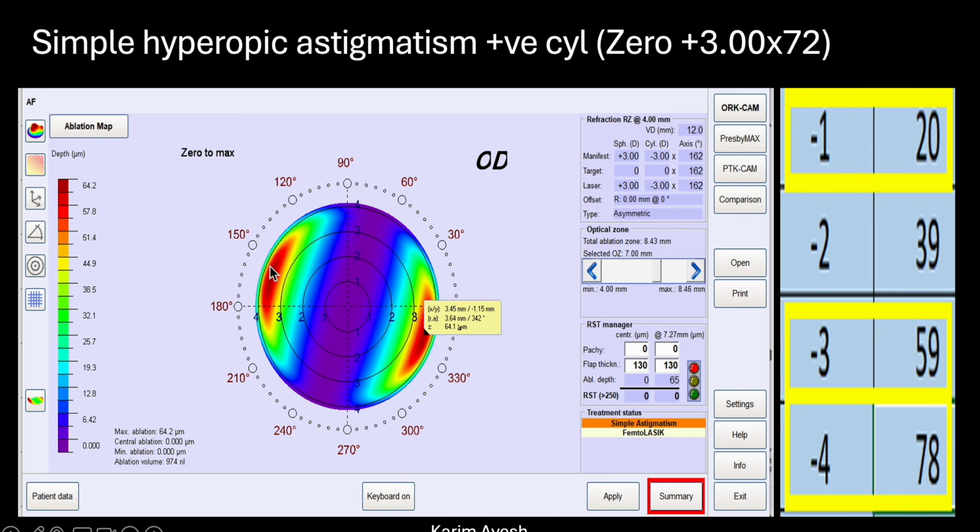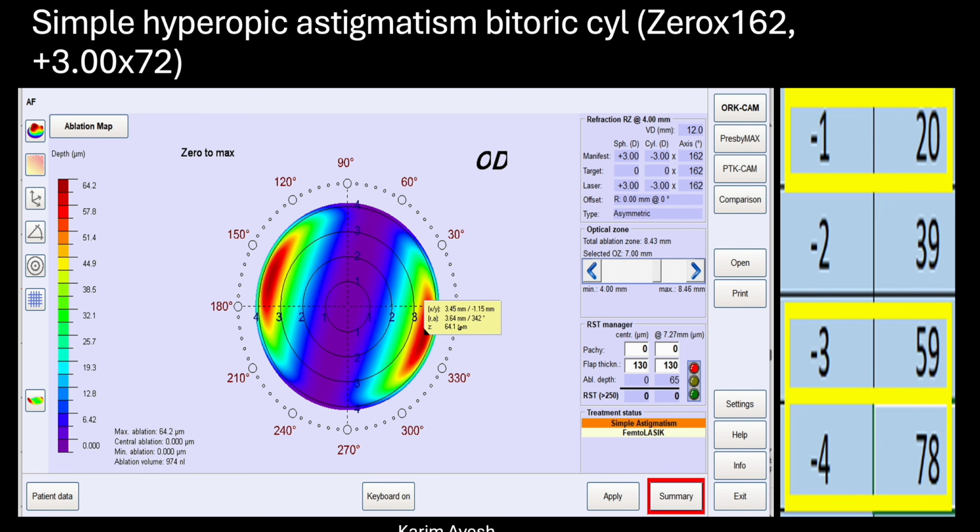But is there another type of ablation that may happen? Yes, let's take another example. A bitoric cylinder. But a bitoric cylinder is done while you have 2 astigmatic meridians. But if you have one meridian plano and the other meridian hyperopic or myopic, it works as plus or minus cylinder.